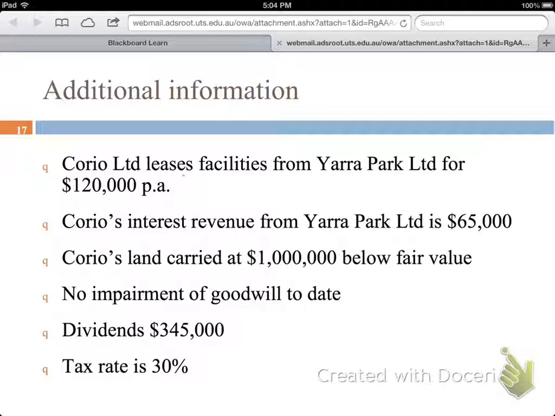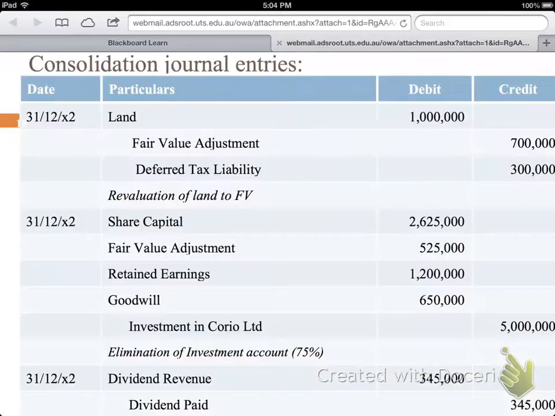The dividend is $345,000. That's the dividend paid to the parent only. If you have a look at your textbook, you will see that the full dividend declared is $460,000 by the subsidiary. The tax rate is 30%. So these are the consolidation adjustment entries required.